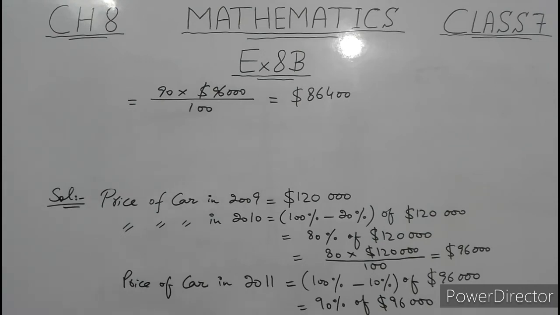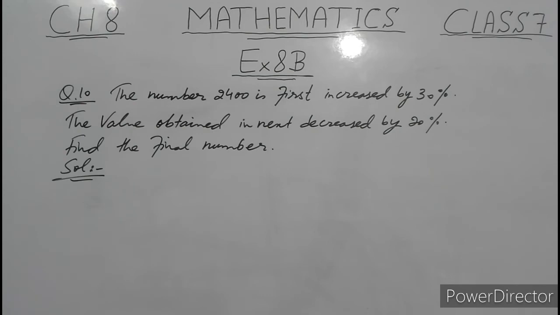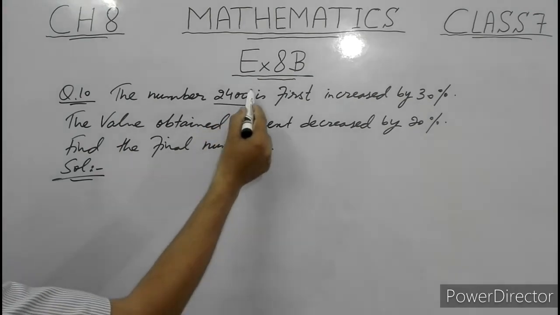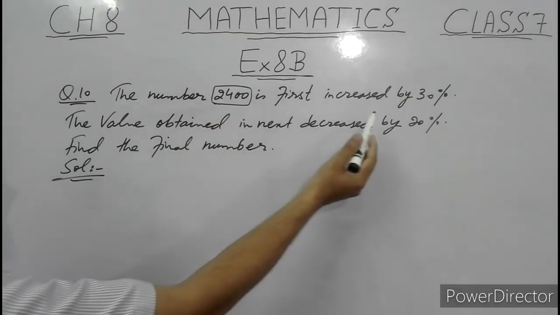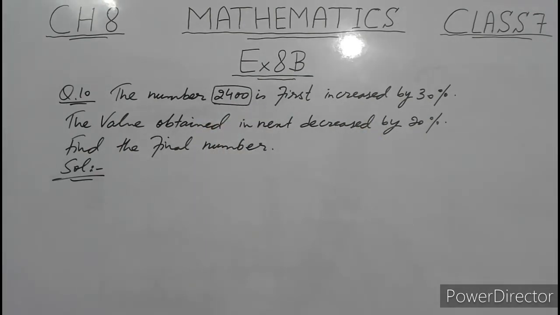Now I do question number 10. Question number 10 is: the number 2400 is first increased by 30%. When we increase 2400 by 30%, we will get another number.